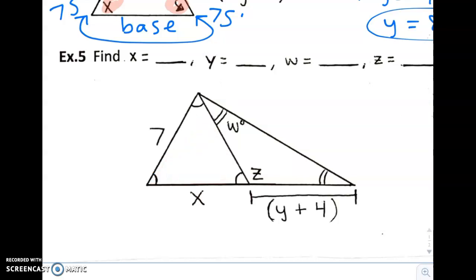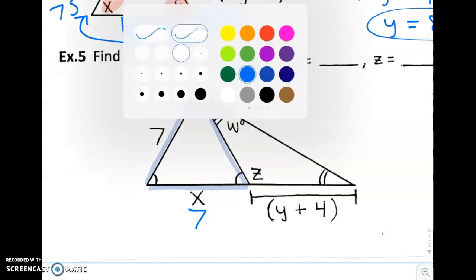So if I start out, I'm just going to highlight blue the equal sides. I know this one is equal to this one, which is equal to this one. That's going to make x 7 for this side right here. If I continue on, I also know I have to find some angles.